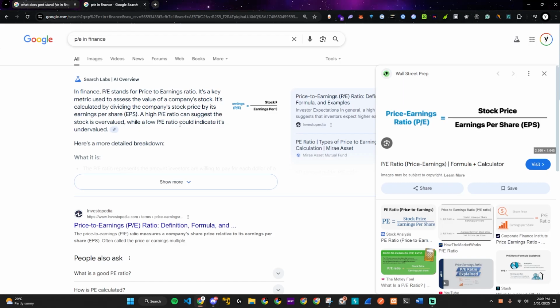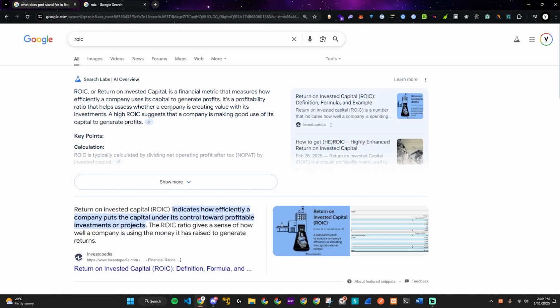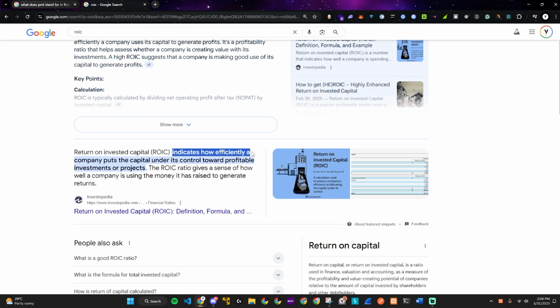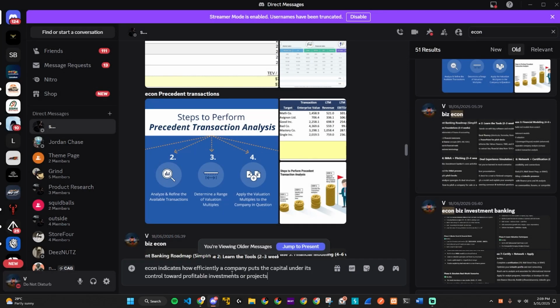I think ROIC, let's see what this is about. Because we did NPV, this is net present value, IRR, which is internal rate of return, and ROIC is return on invested capital, right? It indicates how efficiently a company puts the capital under its control toward profitable investments and projects, right? So let's say, for example, ROIC, right?